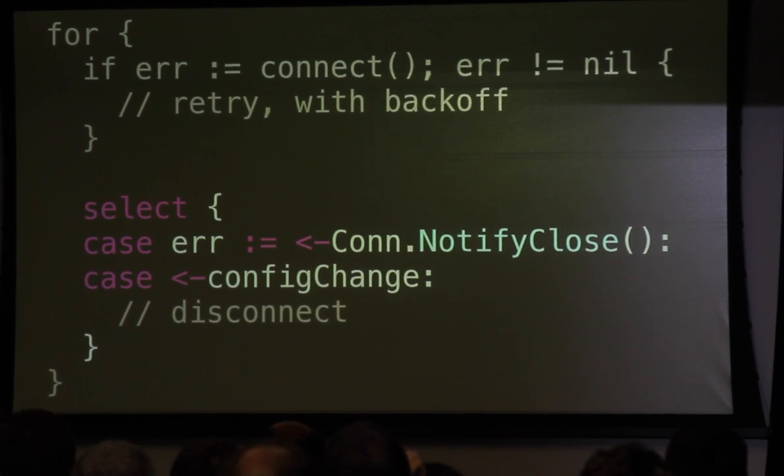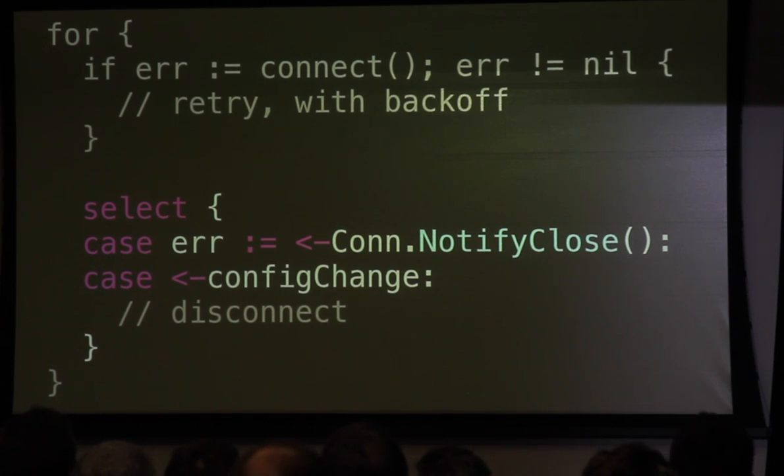Once we've connected, we'll block until either we disconnect from RabbitMQ and then we'll reinitialize, or we get a config change. Say we had some other goroutine monitoring our configuration, maybe environment variables, maybe from some remote configuration system, and as soon as it notices a change, we fire a message down this channel. That would unblock this, and then we'd reinitialize our connection.